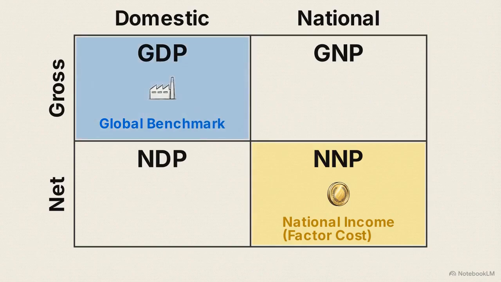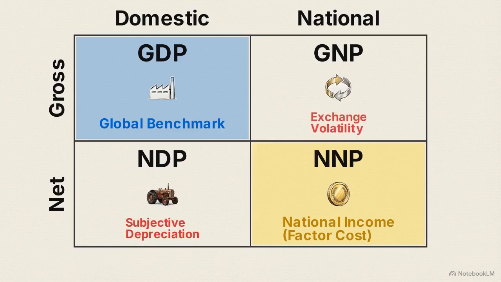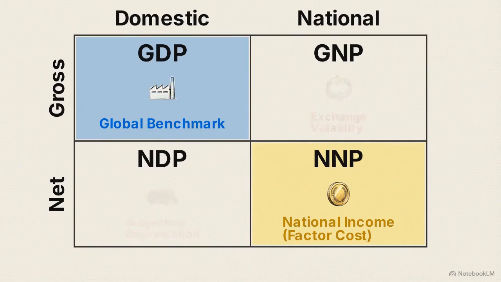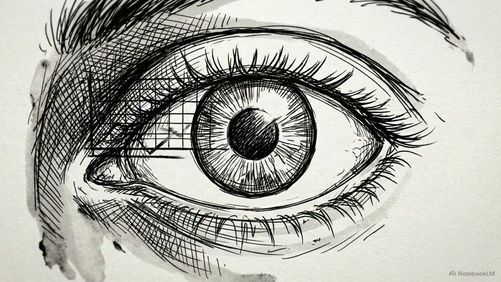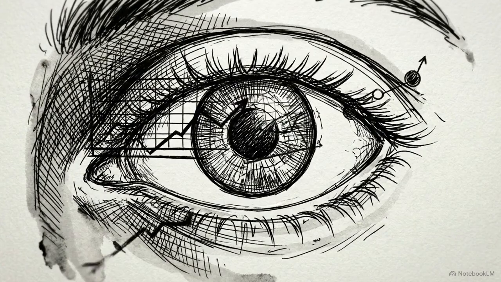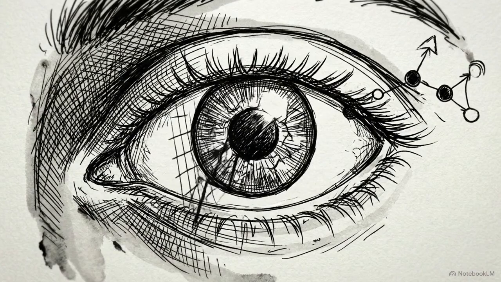GDP serves as the standard specifically because it filters out the mathematical distortions of subjective depreciation rates, foreign exchange volatility, and dual citizenship double counting. In macroeconomics, executing the calculation is only half the work. Knowing a metric's exact mathematical constraints is how you determine what the data is actually allowed to tell you.